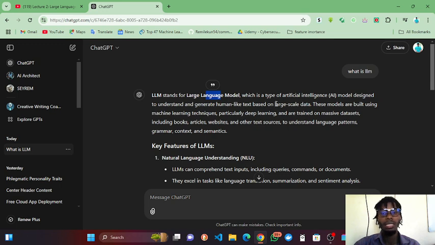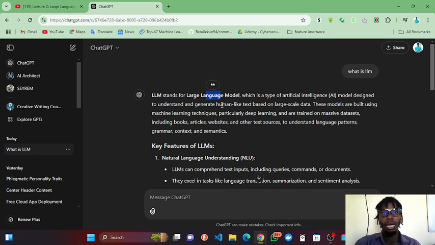So, data is used to train this AI model to make this LLM understand human language, first of all. Then later, it will be able to interact back with you using that same human language. And that is basically what machine learning, AI, deep learning is all about.